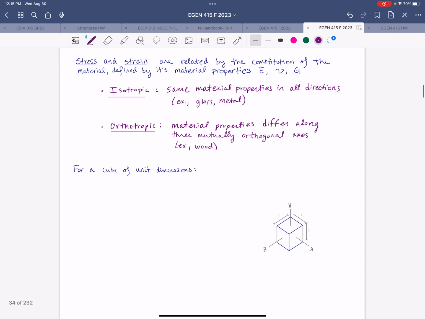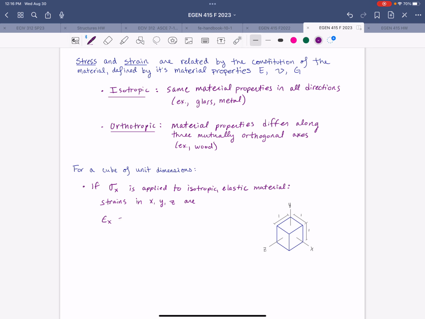Generally speaking, for a cube of unit dimensions, or the unit cube, if we apply a normal stress in just the x direction, and if we assume that the material here is isotropic and elastic, then the strains in X, Y, and Z can be computed by the following equations.